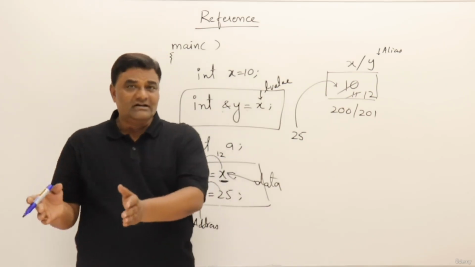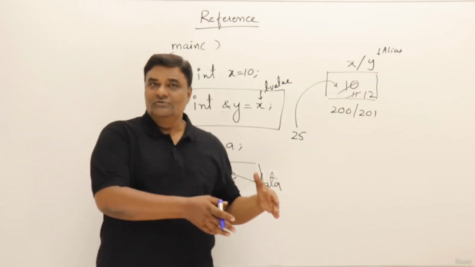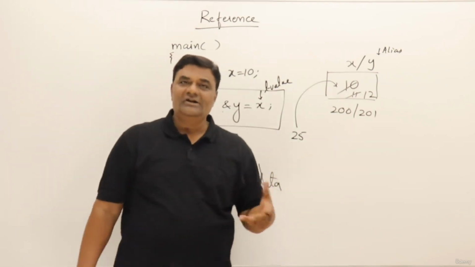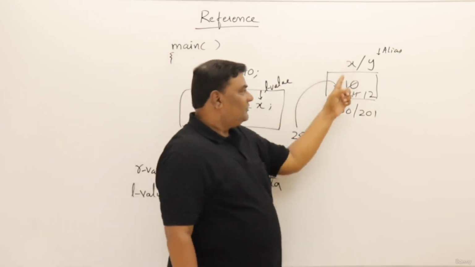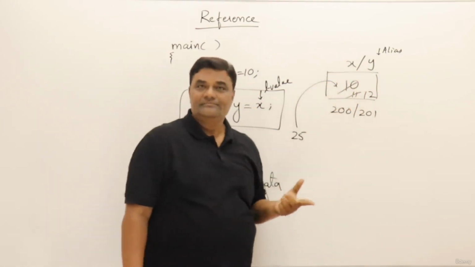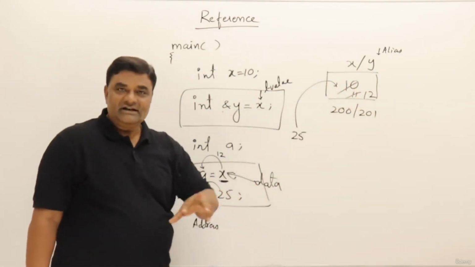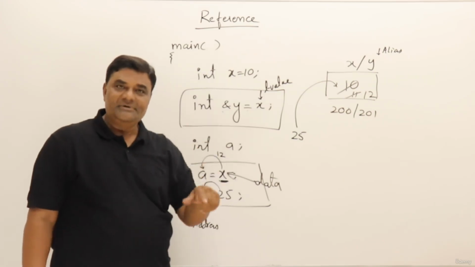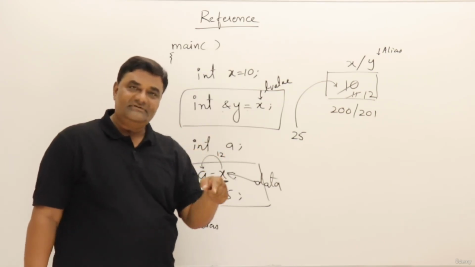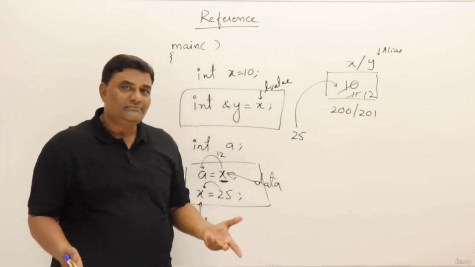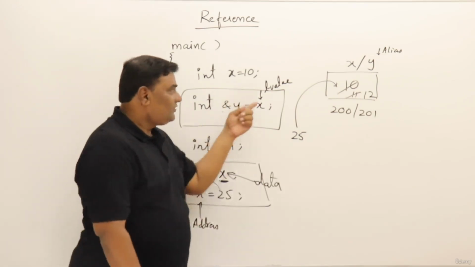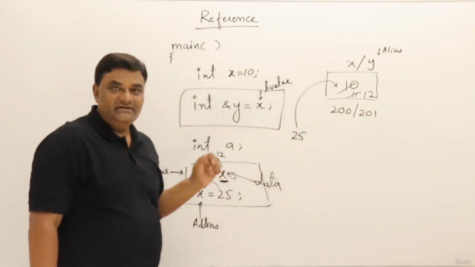Right? Mr. A bought a car, Mr. B is a brother, so that same car belongs to Mr. B also. So same car, it belongs to X also, it belongs to Y also. Right? So there are no two cars. Same car. When people see this is A's car, some people will say no, this is B's car. Both are the same only. It's the same car. So whether you call X or Y, it's the same thing.